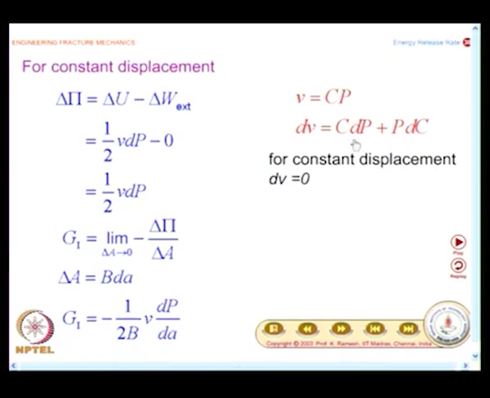So, you will get an interrelationship between the two, only that I will have to substitute it here. If I apply the basic definition of energy release rate, I get the expression as G equal to minus 1 by 2 B V times dP by dA. So, I will have to replace this dP, and that I get from this.